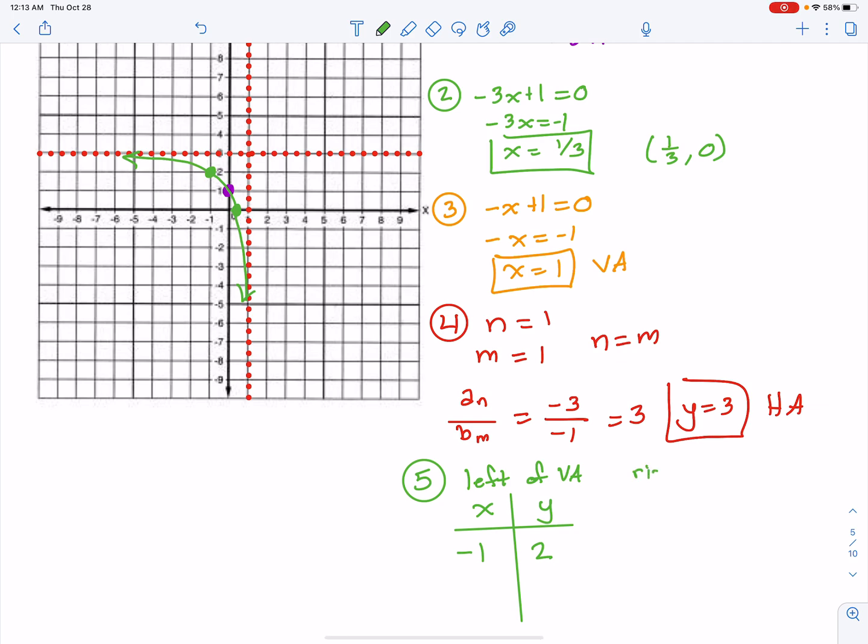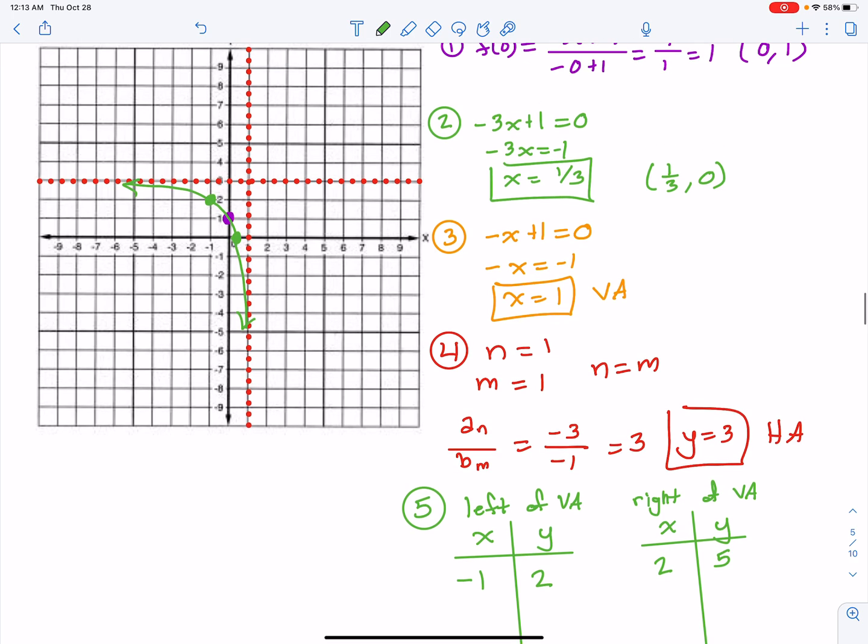And then if we look at the right of our vertical asymptote, pick some x values, plug them in to get some y values. On the right side, we could plug in 2. That would give us 5. We could plug in 3, and that would give us 4.